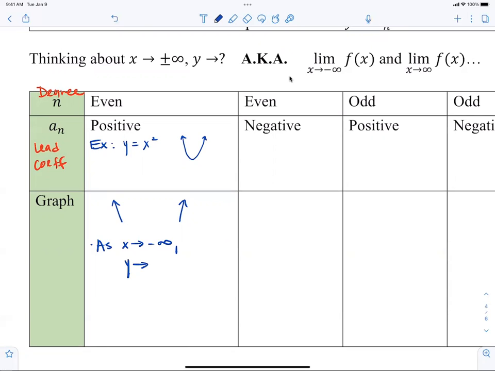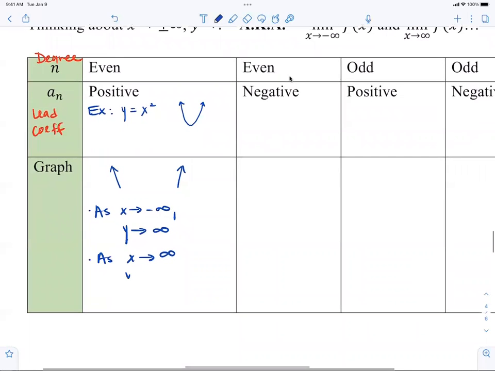And the smaller you input for x, the larger that value would end up being. And then when you multiply it by a positive value, it'll be even larger. So y would end up approaching positive infinity. And then the same thing happens as x approaches positive infinity. y would end up approaching positive infinity.